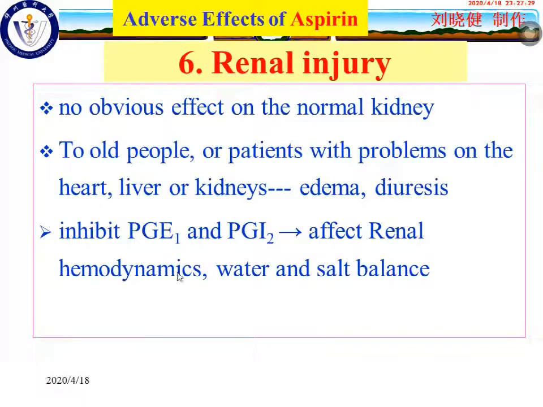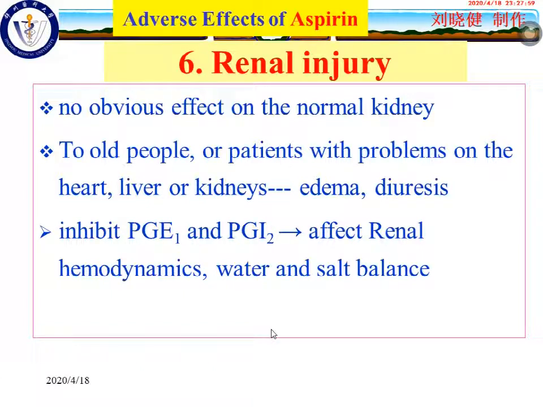Next adverse effect of aspirin is renal injury. Actually, on normal kidney, it has no obvious effects. But for old people or patients with problems in the heart, liver, or kidney, maybe it can cause edema and diuresis. Because in the kidney, it also has COX.